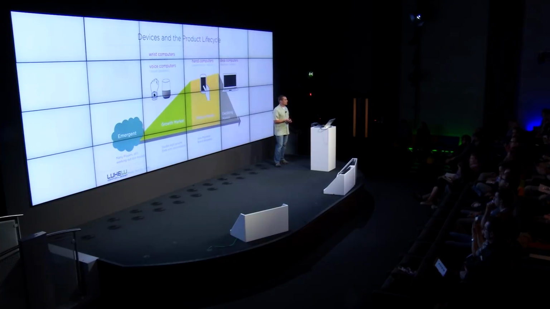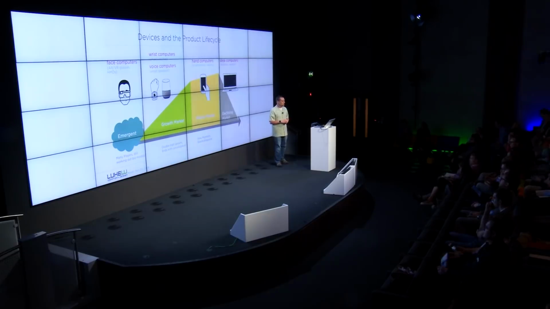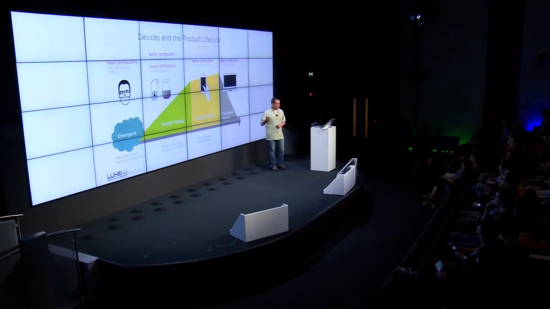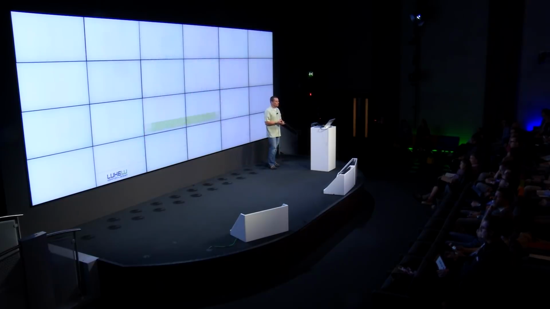And in the emergent category, I will put face computers. And by face computers, I mean things like augmented reality, virtual reality, lots of exploration here, lots of possibilities. But we're not yet at this very large stage of rapid growth. Many companies are exploring this space. But there's like very big open questions, such as what form of interaction is going to define this category?